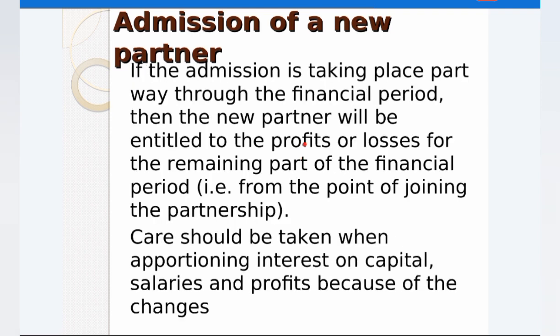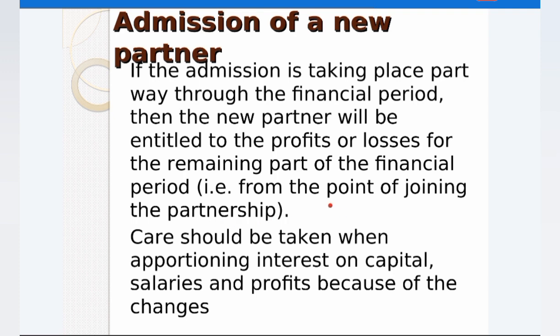And then we have to note that if the admission of the new partner is taking place midway through the financial period, that is in the middle of the financial year, then the joining partner should be entitled to a percentage of the profits from the time he joined, and of course, any losses should also be apportioned to the time he joined.